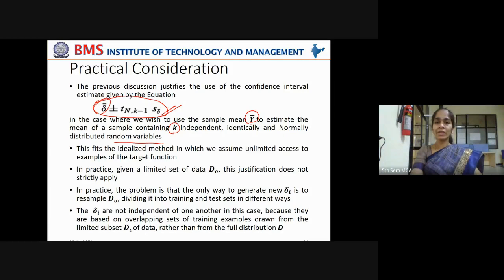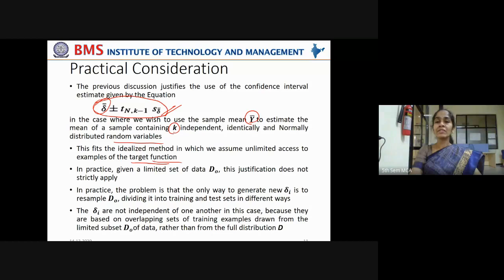Now, this fits the idealized method in which we assume unlimited access to examples of the target function. If the data points are too many, meaning the size of the data set is too high, that is an ideal condition. In normal cases, you may not be able to collect large data sets.